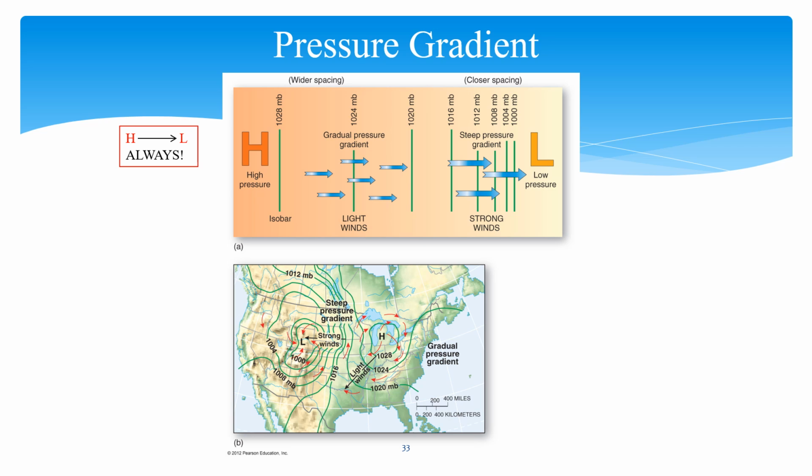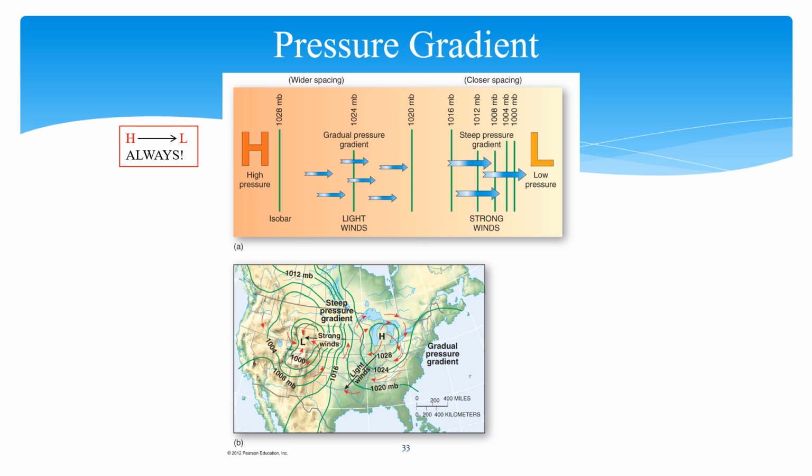There's a couple interesting things going on in this map. If you gave it a look, you might be going, okay, well, she just said that the wind always moves from areas of high pressure to areas of low pressure, but not all those winds are moving in the same direction really. And where that one arrow on the right, starting at 1028, says light winds, that's not pointing directly at the low.